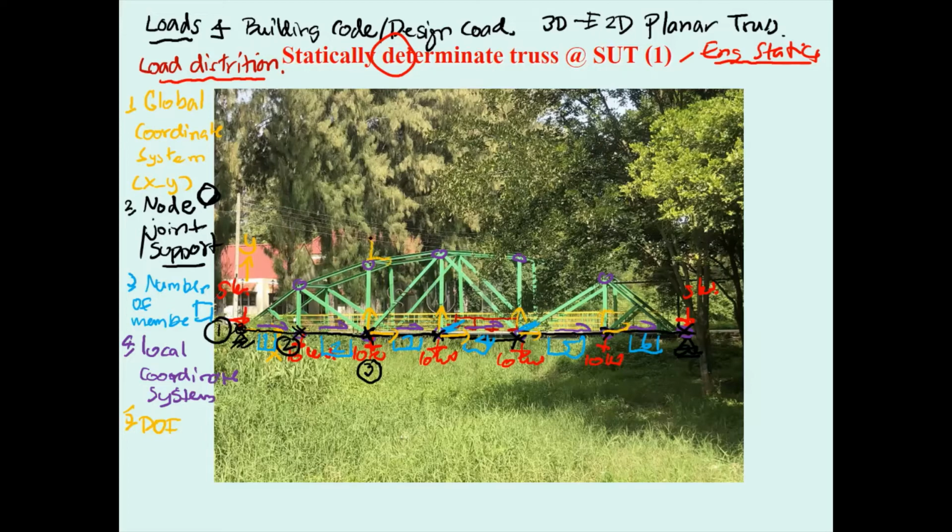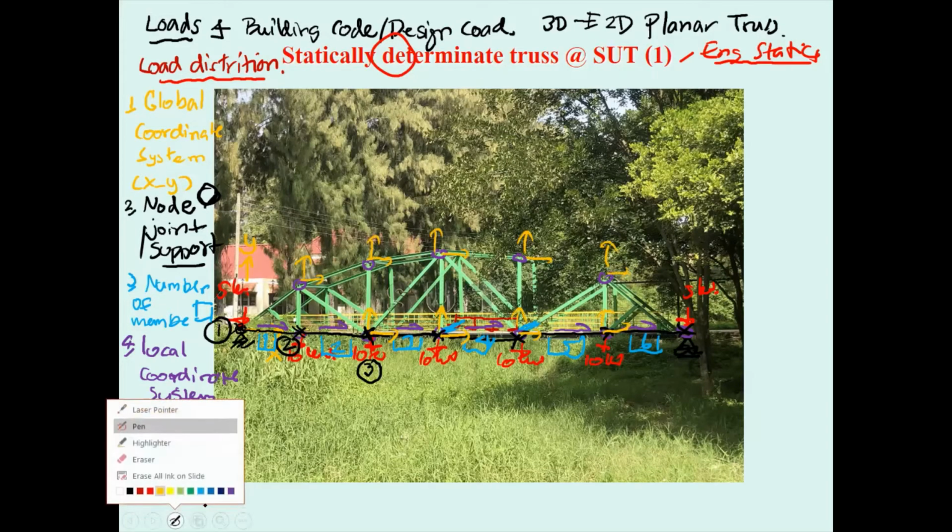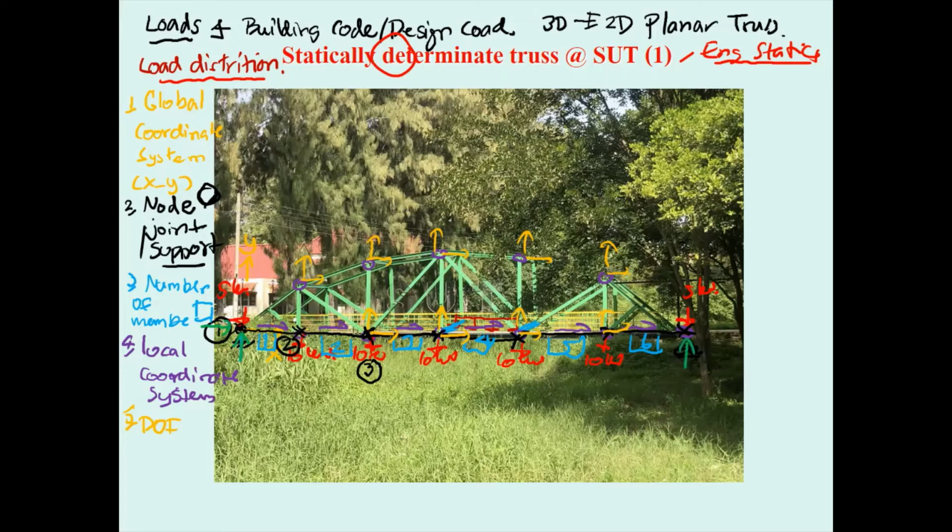However, if you check over here, it's going to be the unconstrained degree of freedom, which is different from the so-called constrained degree of freedom. The green, the pin, has the constrained degree of freedom. Okay, what I'm saying is that the constrained degree of freedom is the degree of freedom that you know at the support.